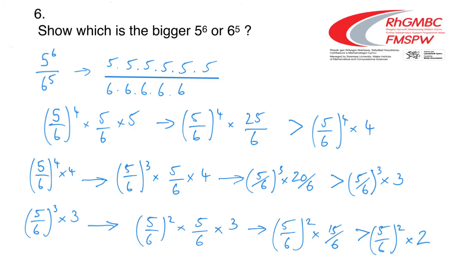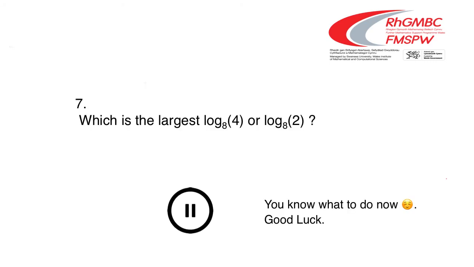The value of this is now quite simple to calculate as 25 over 36 multiplied by 2, which is 50 over 36, and this is clearly greater than 1. Therefore, it follows that 5 to the power 6 must in fact be greater than 6 to the power 5. Again, in your own time, when you are ready, you know what to do.